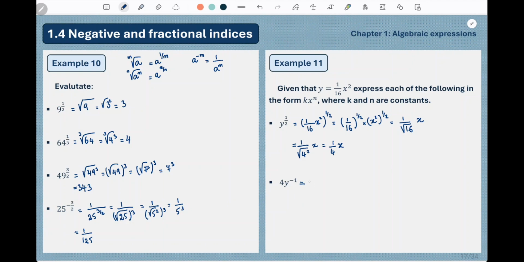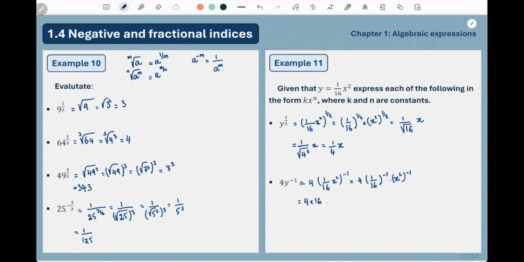We're going to do the same thing, making a substitution with the same term as earlier. So we have 4 and 1 over 16 to the power of minus 1. This one is x to the power of minus 1. So this becomes 4, and 1 over 16, because it's to the power of minus 1, is the reciprocal, so it becomes 16.